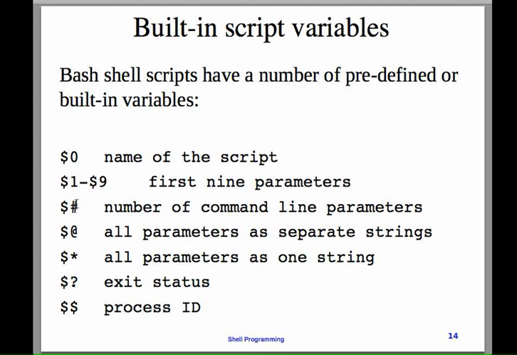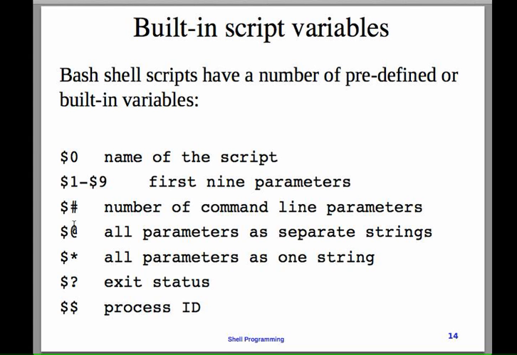There are some other predefined or built-in variables, like $# tells you the number of command line parameters, or the number of arguments that you supplied with your script. So when you run your script like scr1, you can type in file name 2, file name 3, and so on, any number.